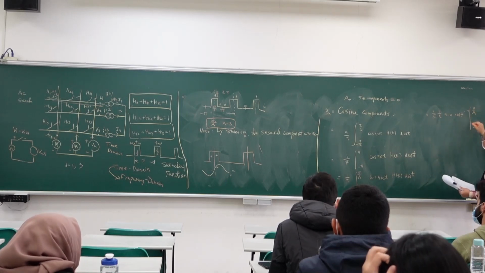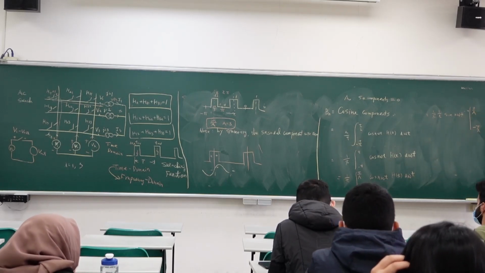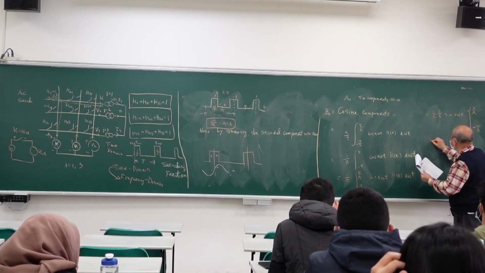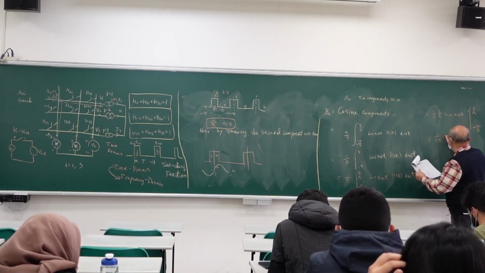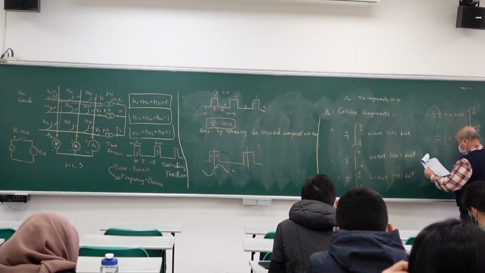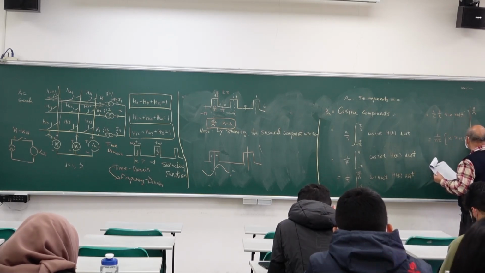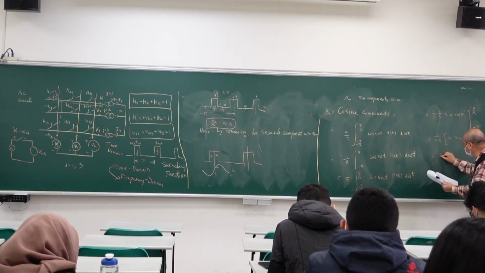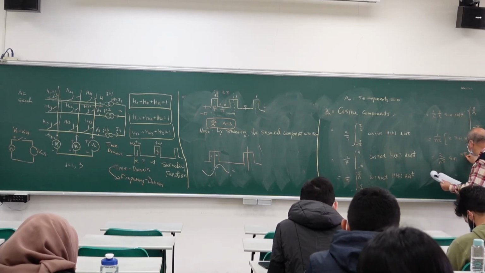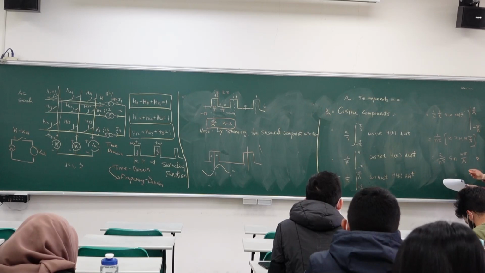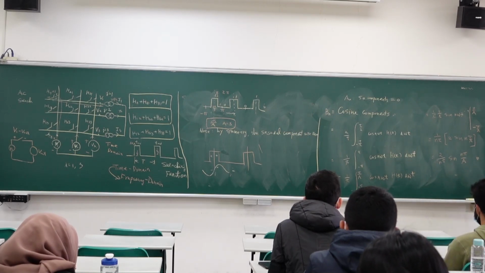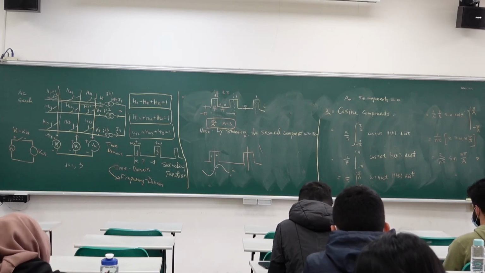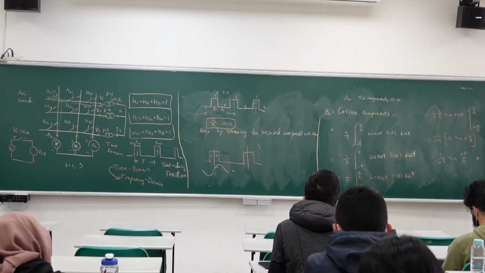So we use calculus to compute, then we can obtain the result. So we can obtain this result, and then we can obtain the final result. So it is not too complicated, right? Step by step, you can compute the cosine component. It is like this.